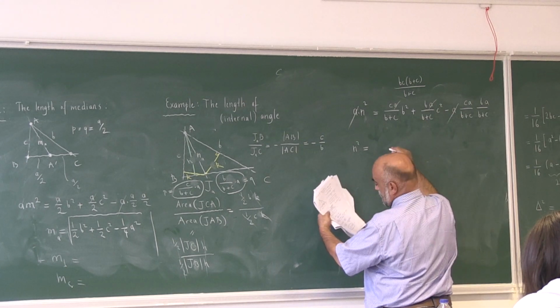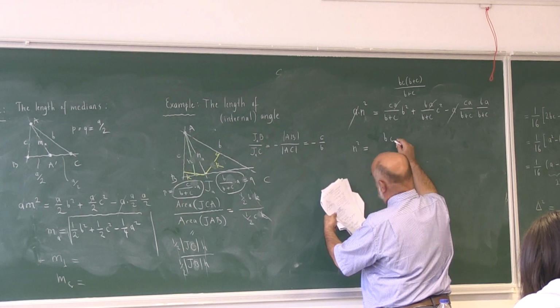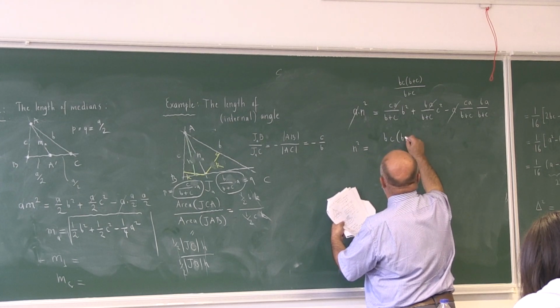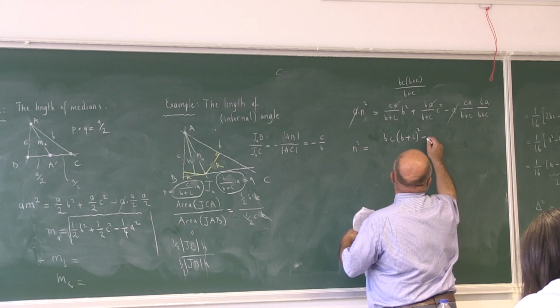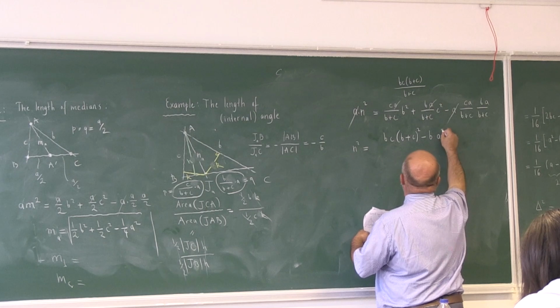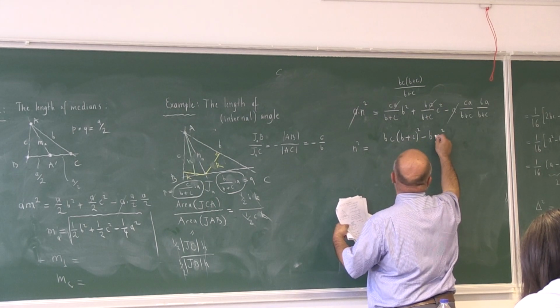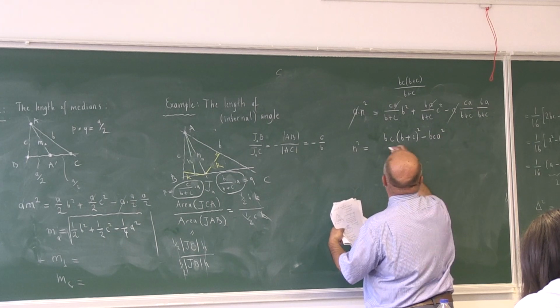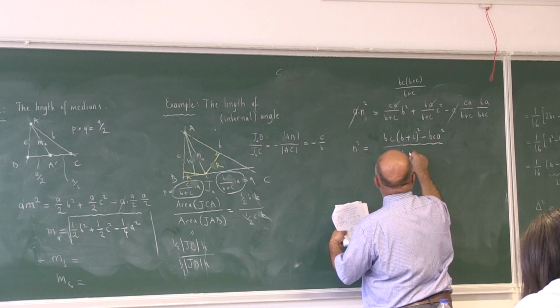It is exactly this. I'm just trying to make it as pleasing to the eye as possible. And C, of course, I should not forget. Divide by, there we are. We're almost finished.